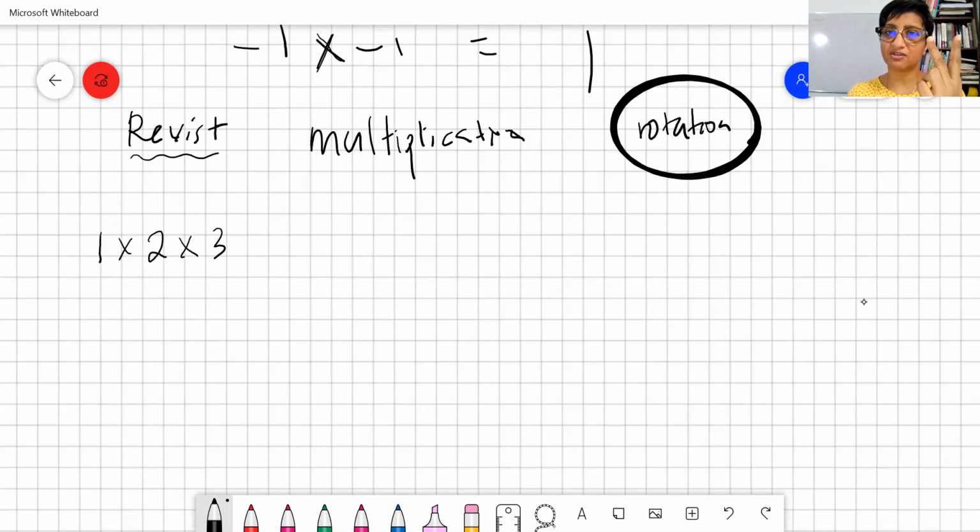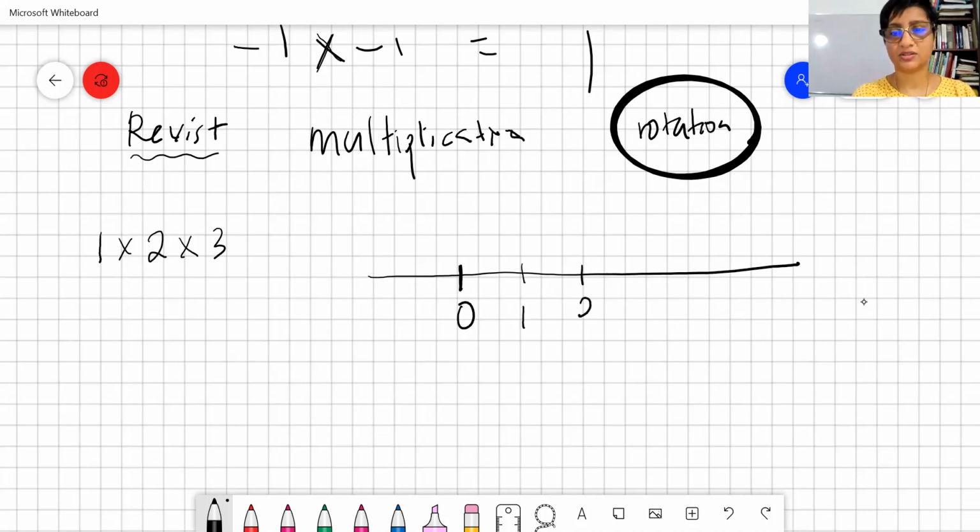So any multiplication of 2 numbers, from here onwards, you think of it as first starting with a 1 and then times. So you have your number line. Here's 0.